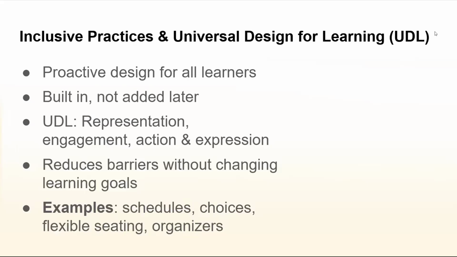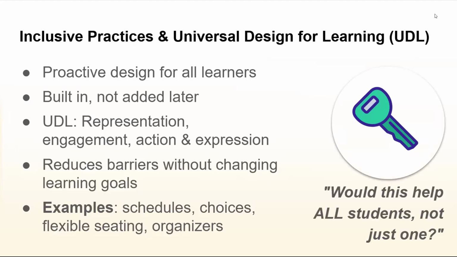So inclusive practices and UDL, just very generally, obviously these could be more specific and specialized to our students, and might make them something more of an accommodation. But this might be something like a schedule, choices between things, like do you want to write this or do you want to say it out loud, flexible seating, a variety of different organizers or manipulatives.